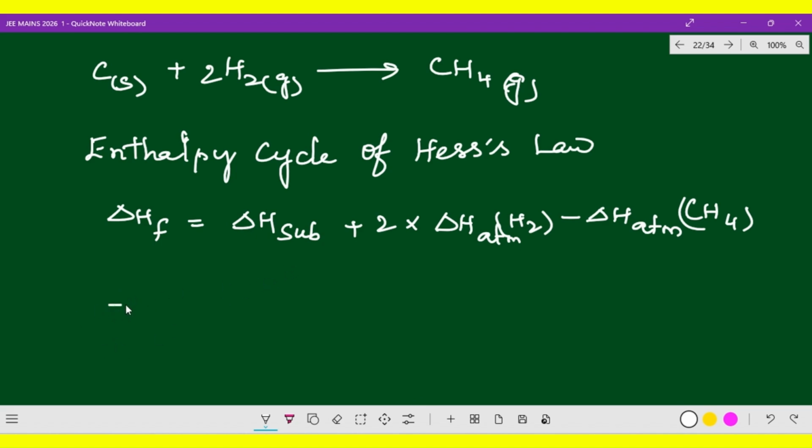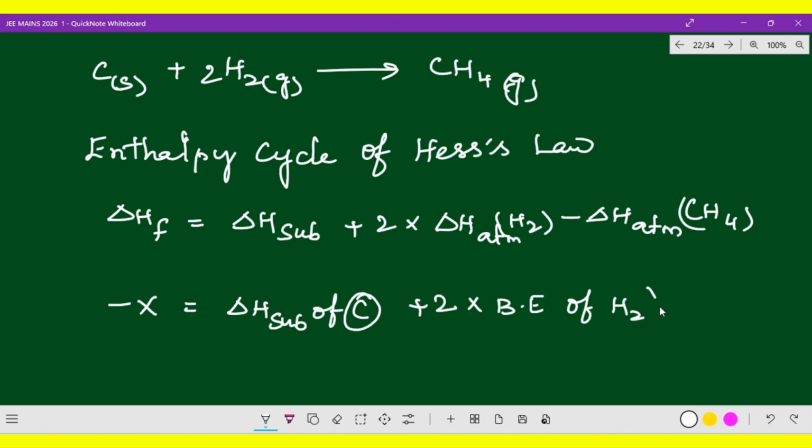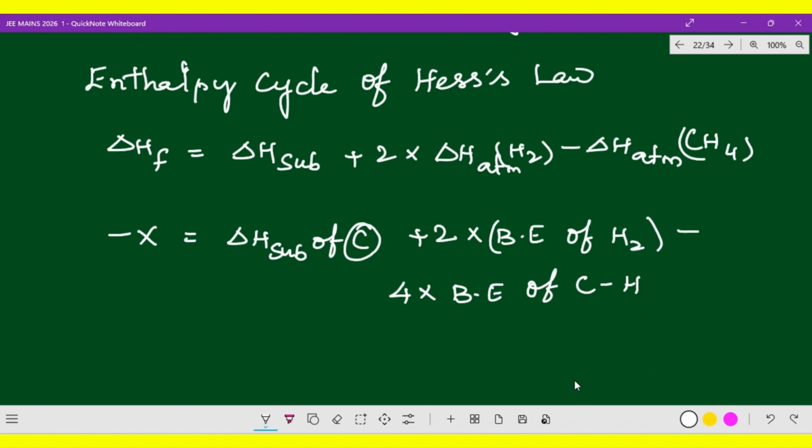So delta H formation is minus X, equal to delta H of carbon, that is sublimation of carbon, plus 2 into bond energy of hydrogen, that is H-H, and minus 4 into bond energy of C-H, carbon and hydrogen. Okay, now can we bring that point over here?